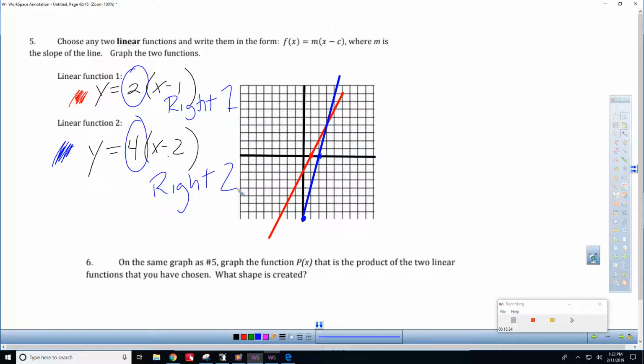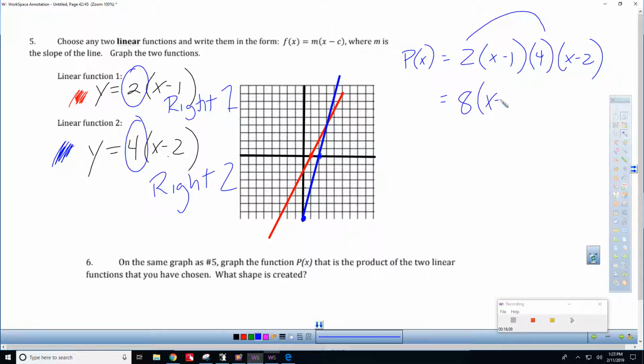So they want p of x is 2 times x minus 1 times 4 times x minus 2, right? Well, we can multiply things in any order we want, right? So let's just do 8 times x minus 1 times x minus 2.